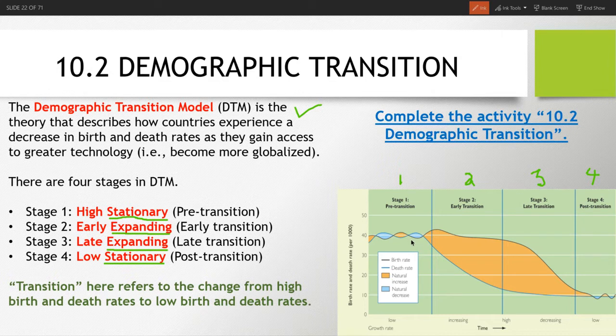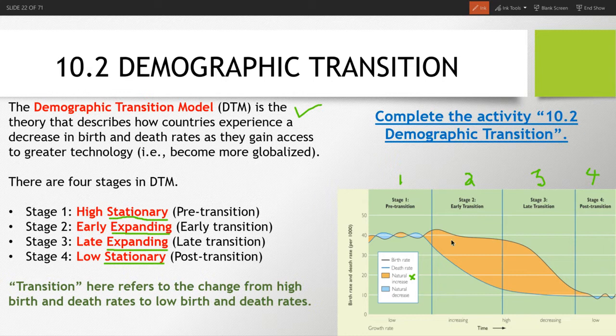The big thing we see happening in stage 2, while the birth rate continues to remain fairly high here, is that the death rate, this blue line, takes a dive and falls dramatically. In a situation where you have a high birth rate and a low death rate, you're going to have far more births than deaths, which will lead to an increase in your population, which on this visual is indicated as a natural increase.